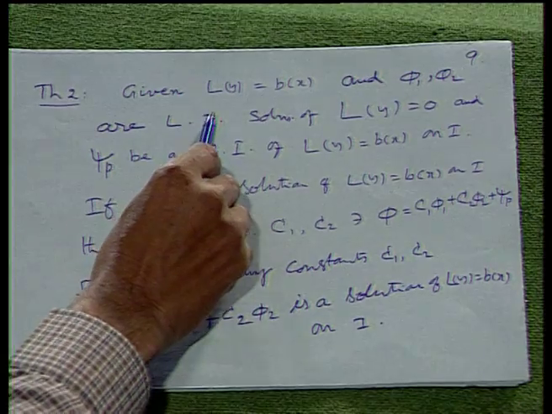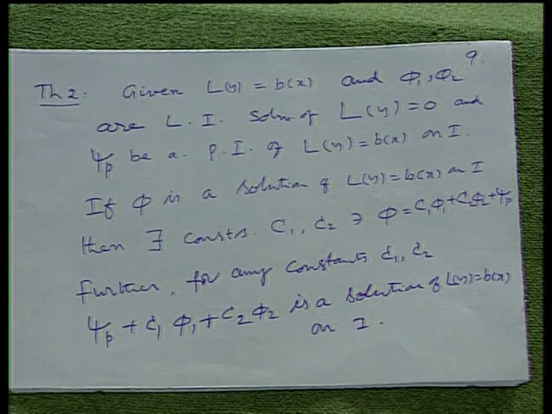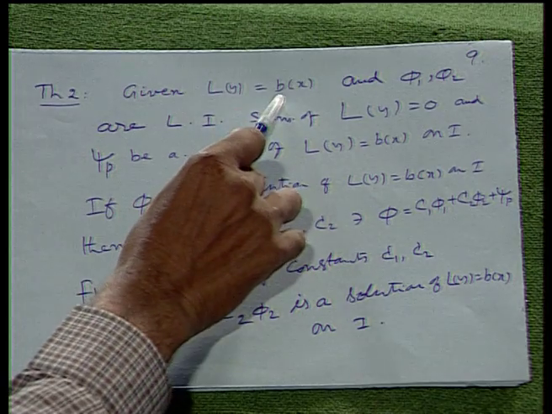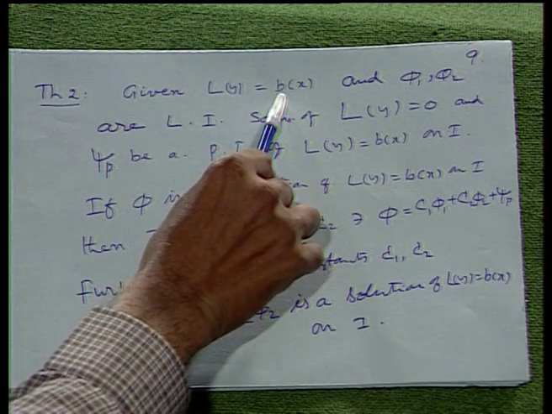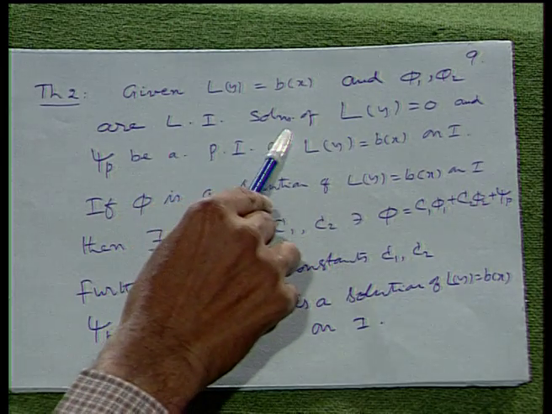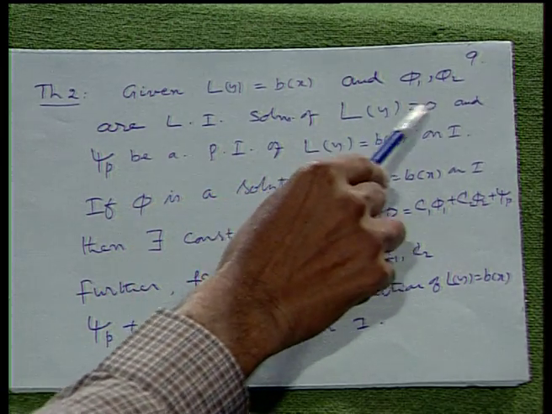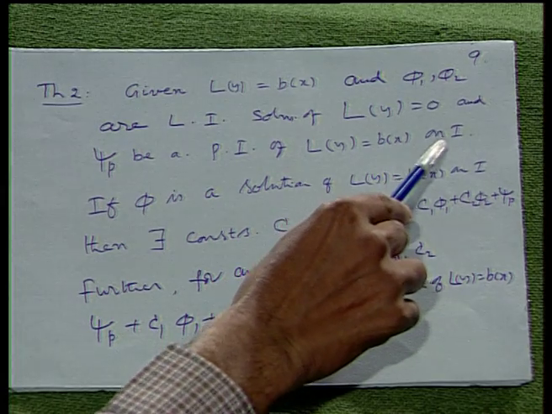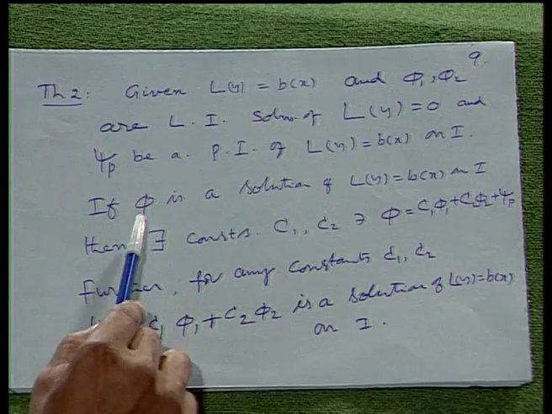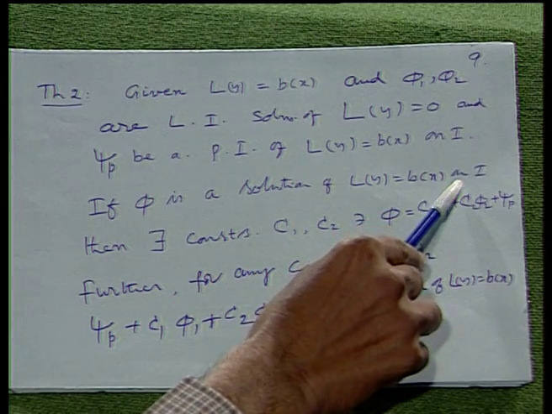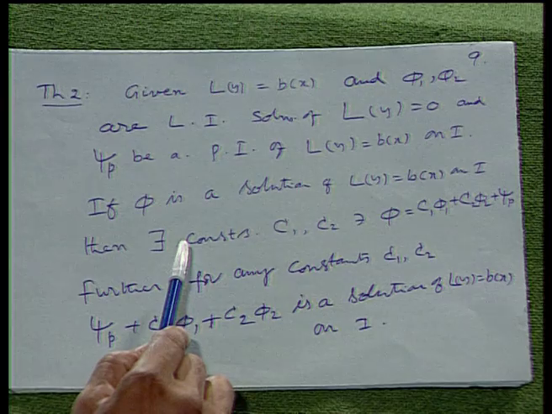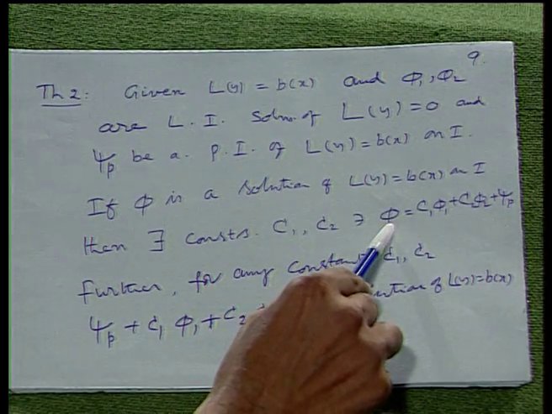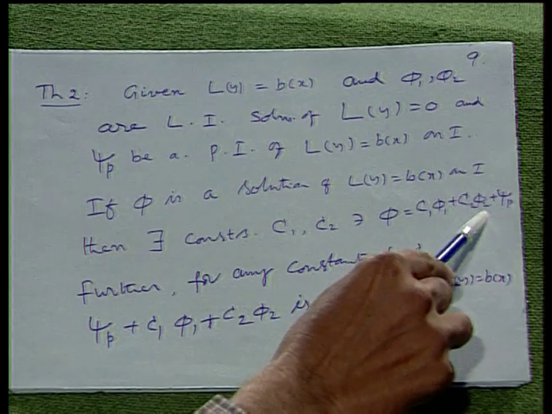Now, we will go for another theorem which states that given a differential equation L y is equal to b x, and phi 1, phi 2, here also I am assuming that L y is equal to b x is a second order differential equation and phi 1, phi 2 are two linearly independent solutions of the homogeneous equation L y is equal to 0, and psi p is a particular integral of L y is equal to b x on I. Now, in order that phi is a solution of L y is equal to b x on I, there exist constants C 1 and C 2 such that phi is equal to C 1 phi 1 plus C 2 phi 2 plus psi p.